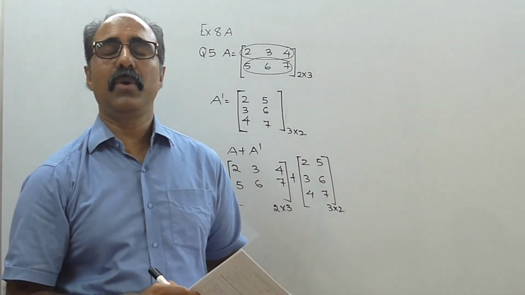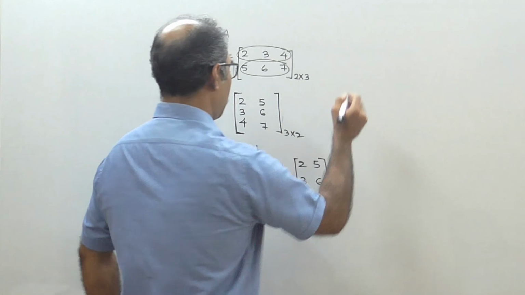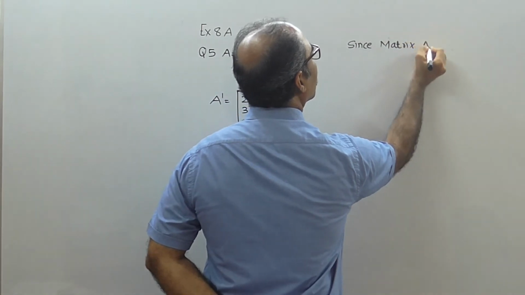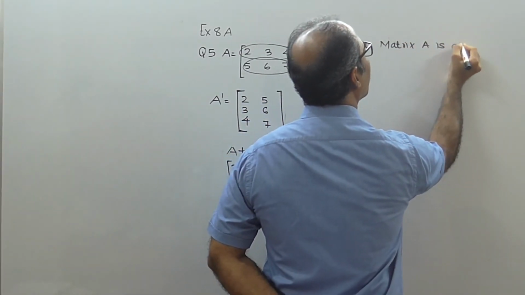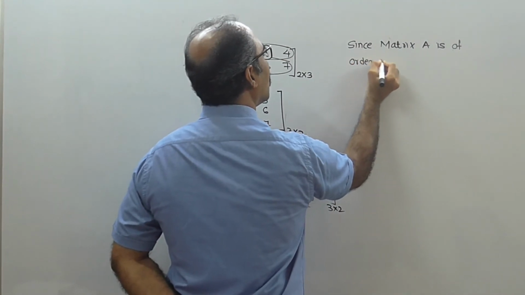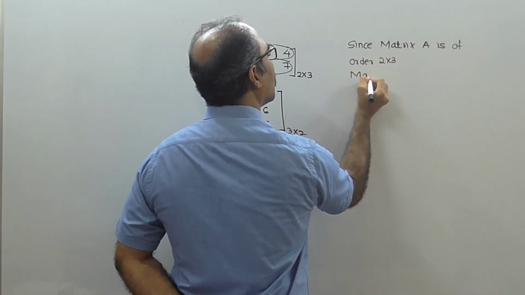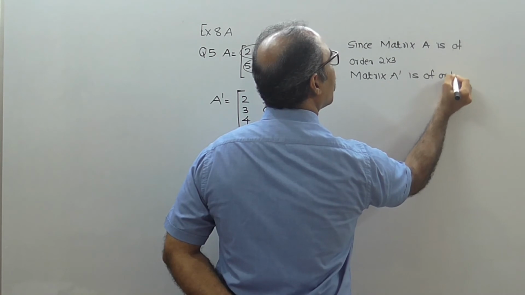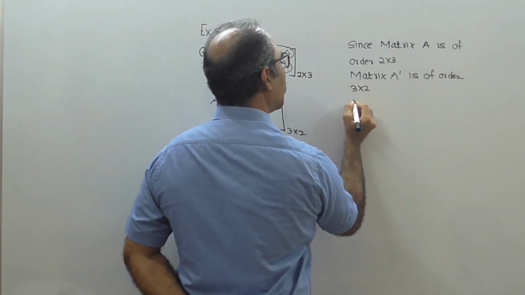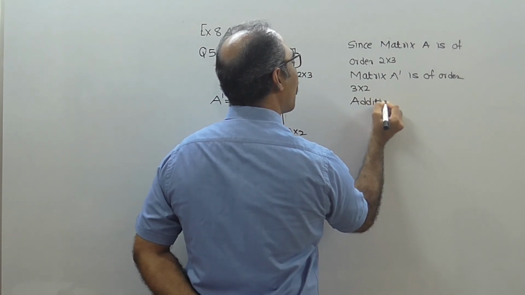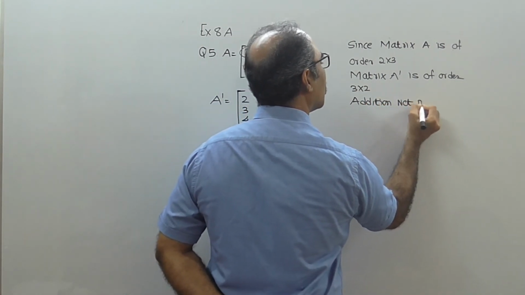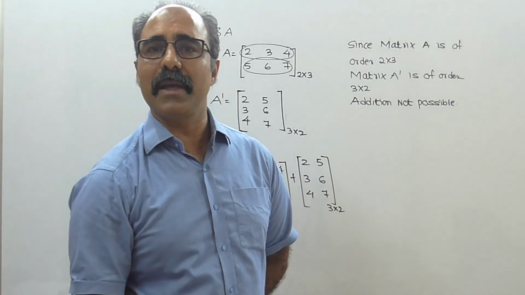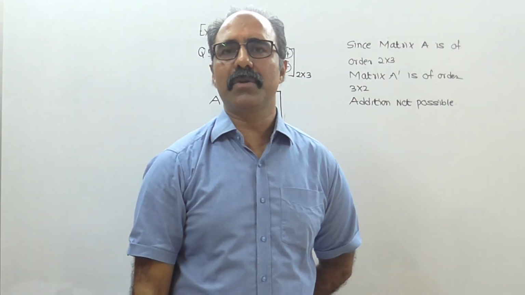So you cannot add two matrices which are of different order, since matrix A is of order 2 by 3, matrix A dash is of the order 3 by 2, addition not possible, because if you have to add two matrices or if you have to subtract two matrices, they should be of the same order. If the order is not same, addition or subtraction is not possible.